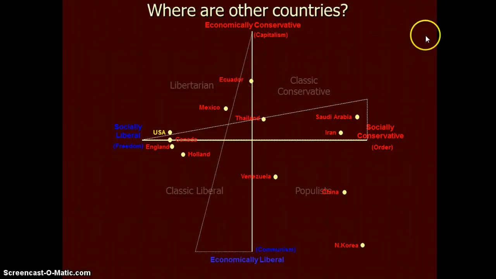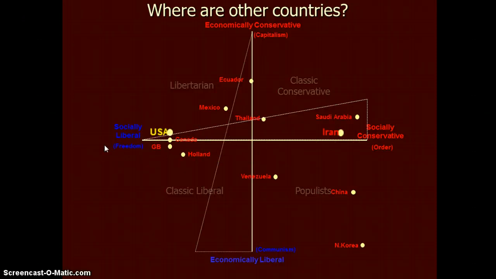So this is an idea about how we can use this four-quadrant chart in order to chart countries. Let's talk about some of these specific differences, and this is a good example between Iran and the United States in terms of social issues. The United States is a country where we're having a debate about whether gay marriage is okay.